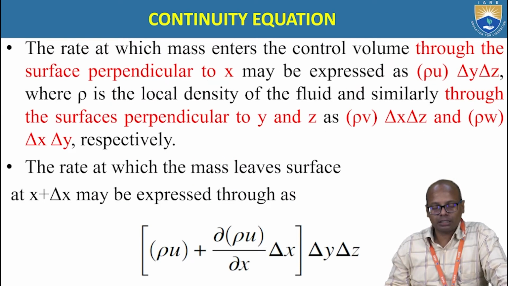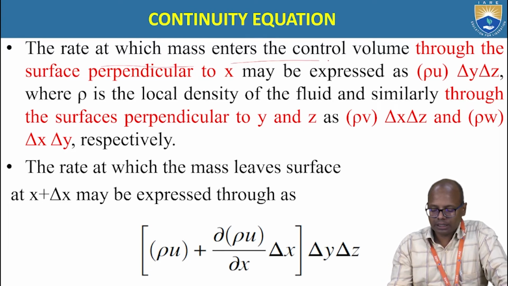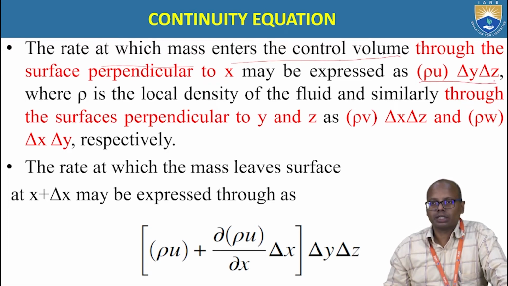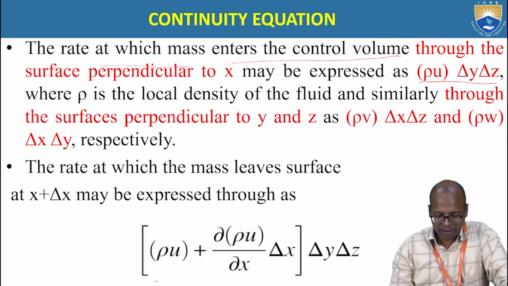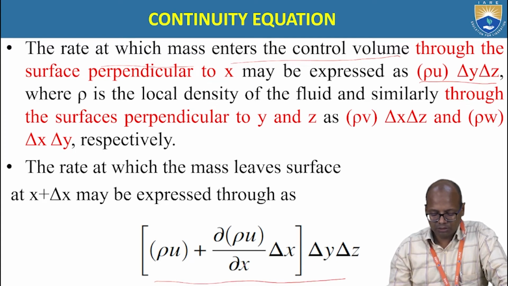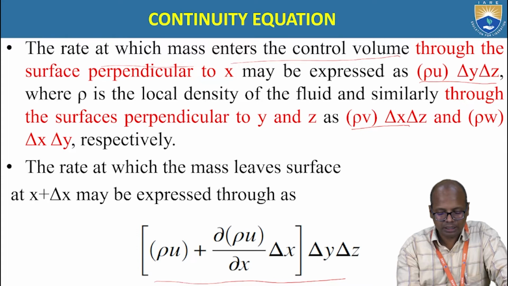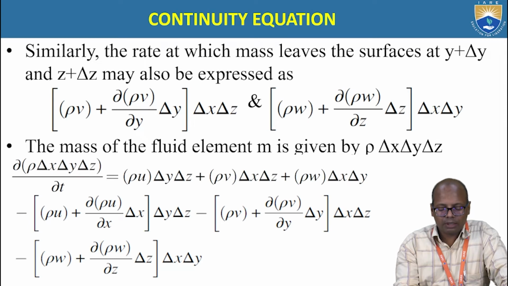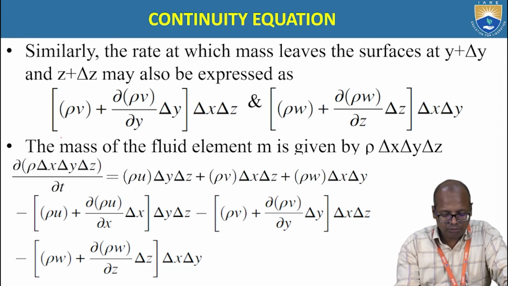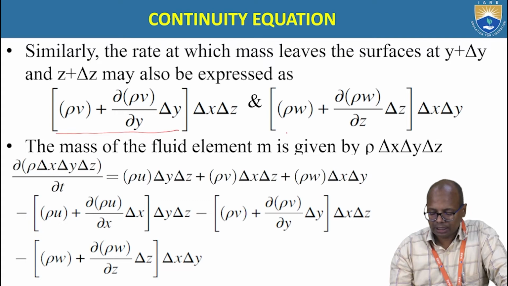Now as I discussed on the diagram slide, the rate at which the mass enters the control volume is rho u into delta y delta z. The rate at which it is leaving is given by rho u plus dou by dou x of rho u into delta x, into delta y delta z. Similarly, I can write in the y direction and z direction.